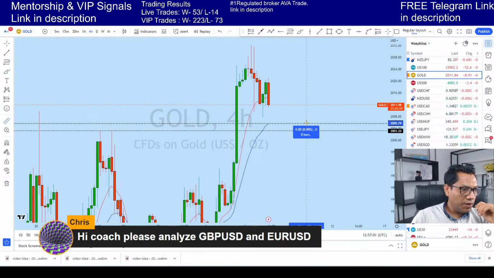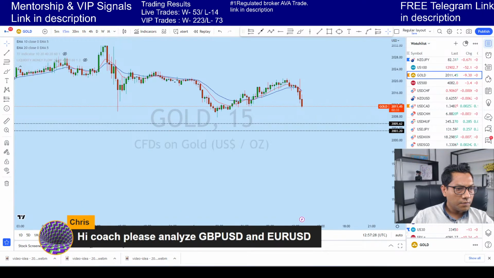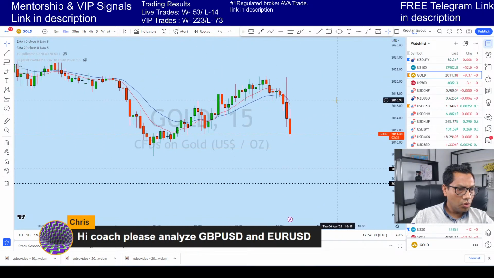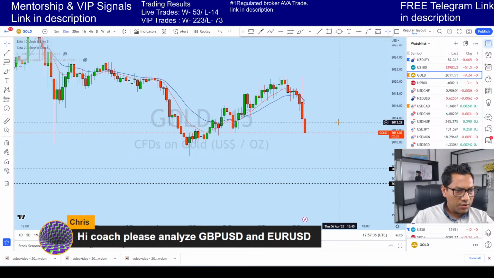From this 20 EMA, I think that it will have a bounce to the upside. So gold is currently in a short-term downward movement.